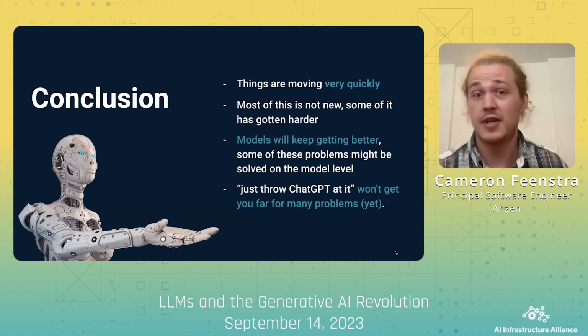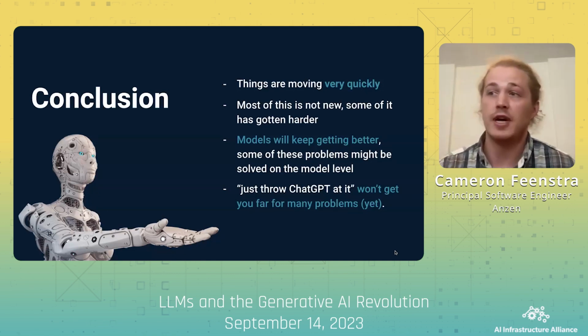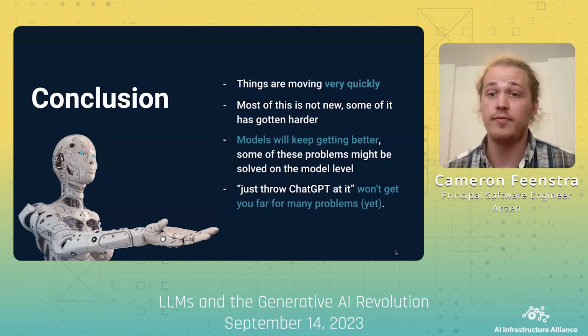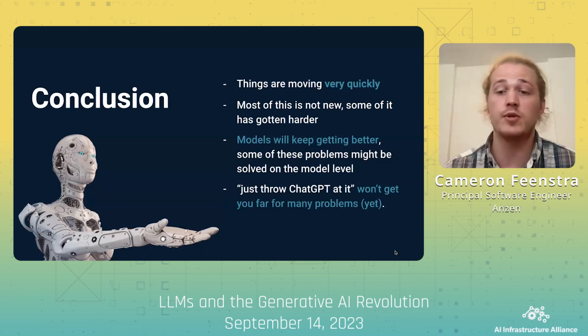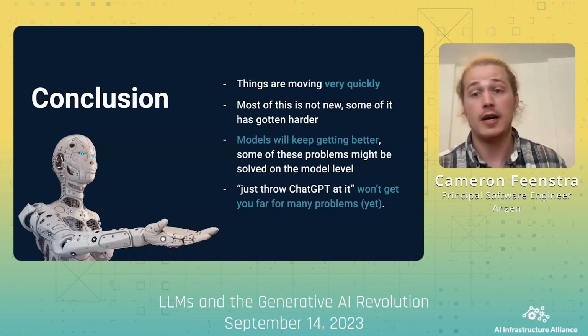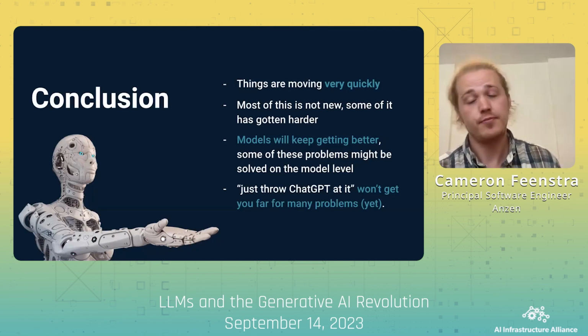And I know that there's things that are missing because all of this is moving incredibly quickly. And as I mentioned a few times, almost none of this is completely new. I think with language models specifically, there's certain things that have gotten harder, but ultimately, a lot of these are the same problems that have always existed with deploying ML models into production.